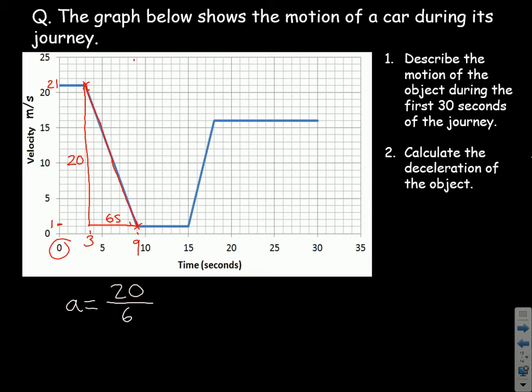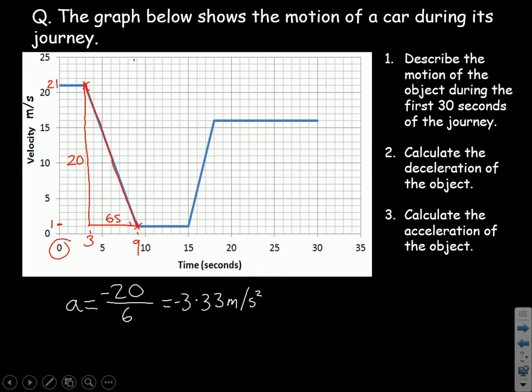It gives us 3.3 recurring, so I'm just going to call that 3.33 meters per second squared. Okay, so that's the acceleration. Now technically it's negative because the object is slowing down. It's dropped down by minus 20, so technically speaking it's minus 3.33 meters per second squared.